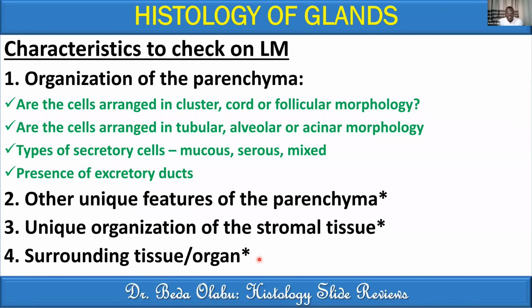Let me give another example. If I give you a slide of the parathyroid gland, you'll be able to see thyroid gland next to the parathyroid gland. So that's what I'm talking about. If I give you thyroid gland, in some slides, you may be able to see trachea next to it. So you pick anything else surrounding that guides you in the identification.